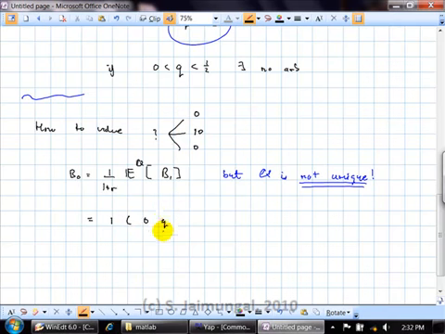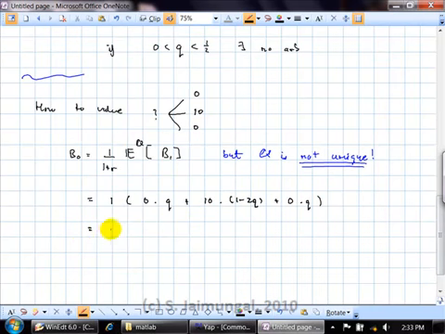We'll get 0 times q, little q, which was our parameter. We'll get 10 times qm, but qm was 1 minus 2q. And we'll get 0 times little q again, which was our other parameter. And we see that here the answer is 10 times 1 minus 2q.